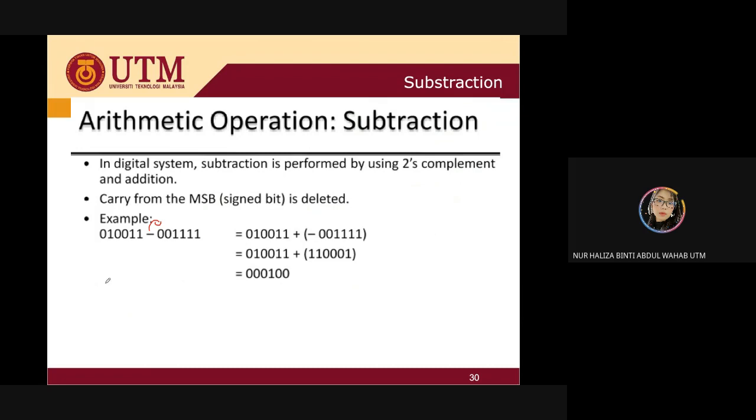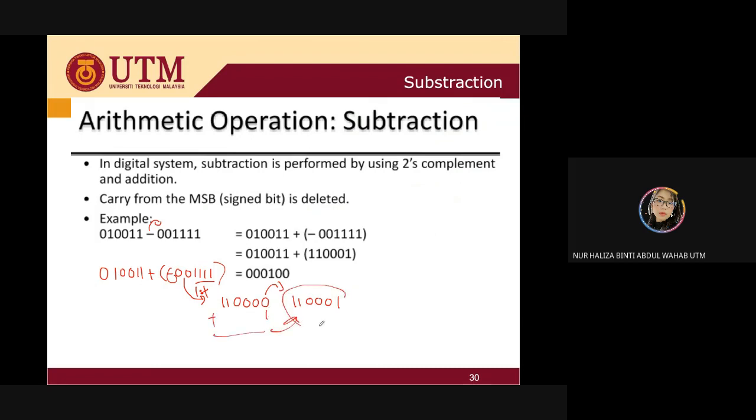So like this, we will assume it to be 010011 plus negative 001111. So we try to convert this. I don't know what the value is, but when we apply first complement, this is a negative number. Our first complement will be 110000, and the second complement will be 110001. We add 1 only.